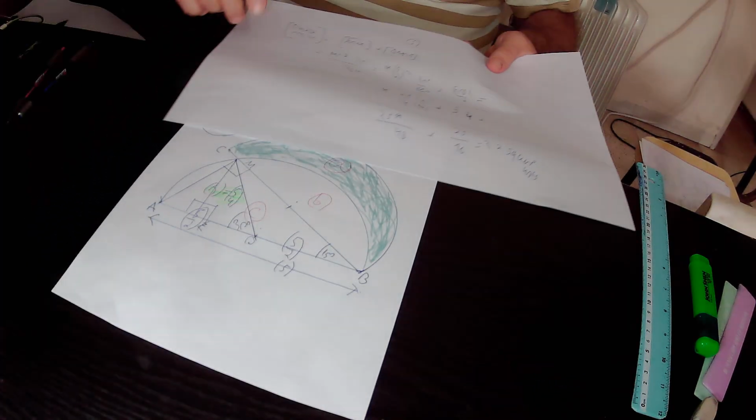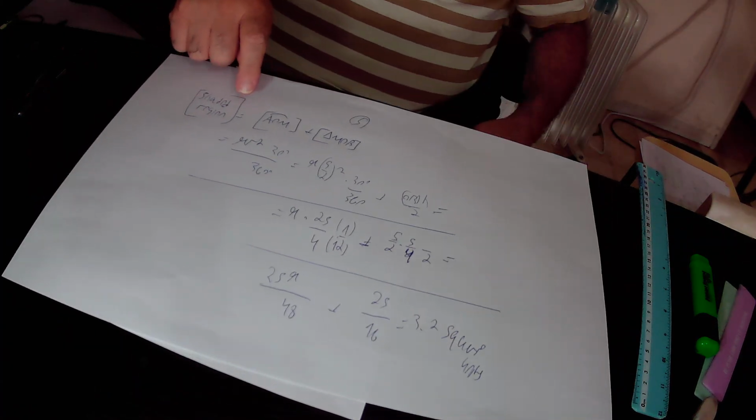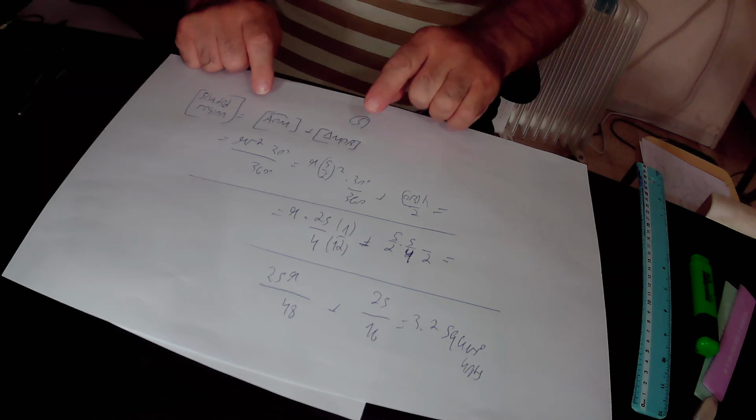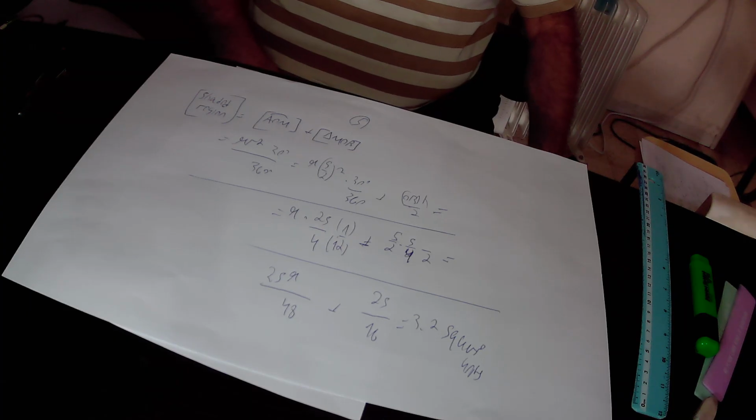R is 5 halves, therefore r squared is 5 halves squared. So pi r squared times 30 over 360 is pi times 5 halves squared times 30 degrees over 360 degrees.